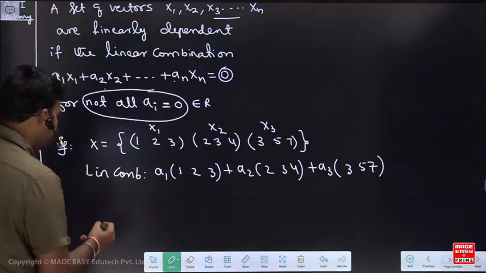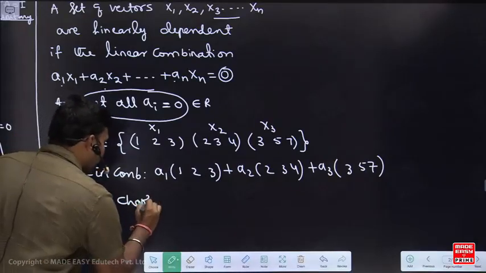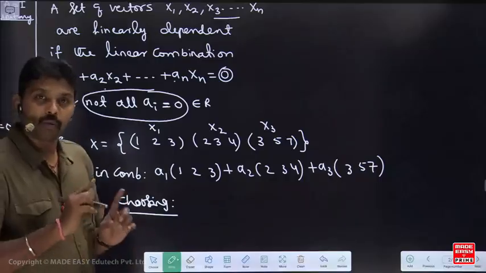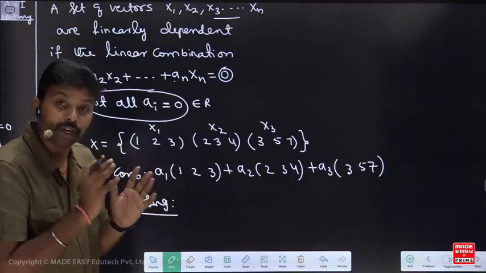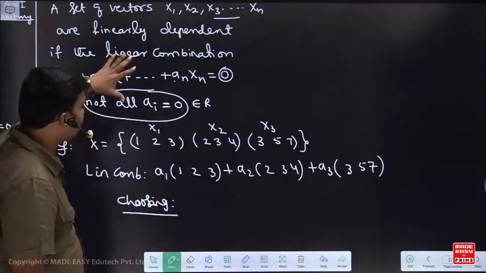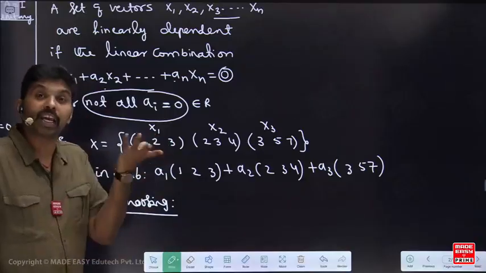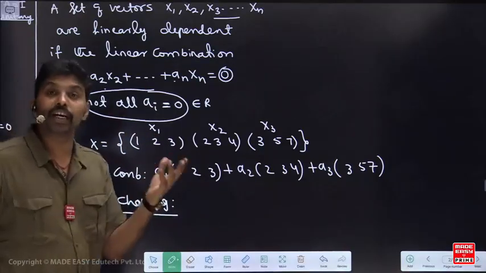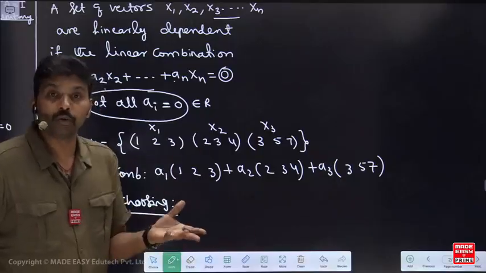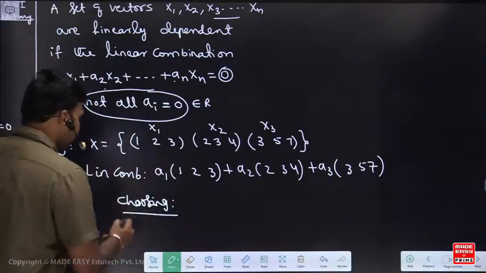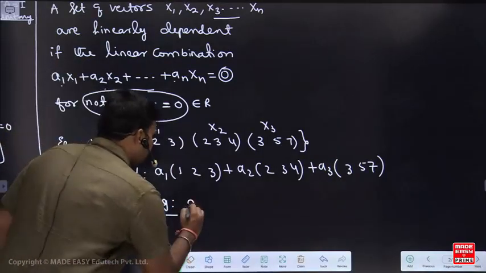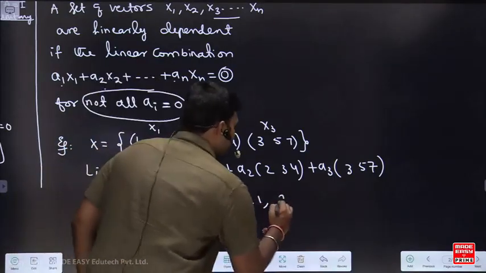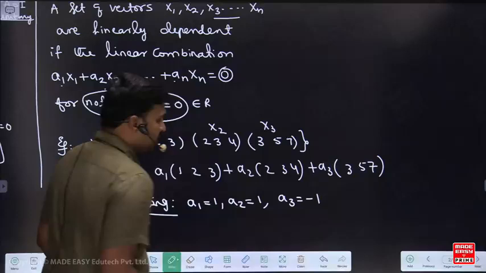All of you please understand बेटा, मैं आपको समझाने का कोशिश कर रहा हूं ये लीनियर कॉम्बिनेशन जीरो नॉन जीरो कोएफिशिएंट्स के लिए कैसे होगा. For non-zero coefficients, this linear combination will give you 0. So choosing that a1 is equal to 1, a2 is equal to 1 and a3 is equal to minus 1.